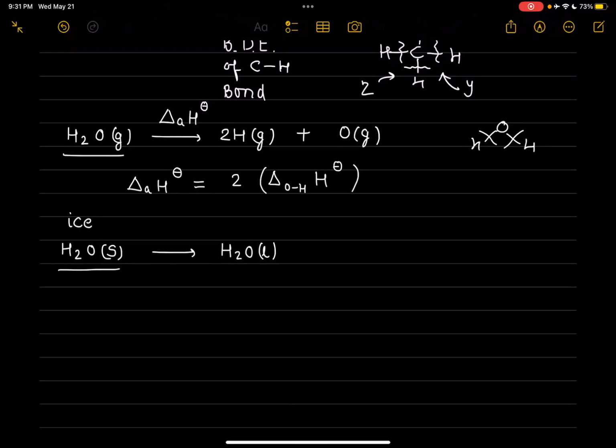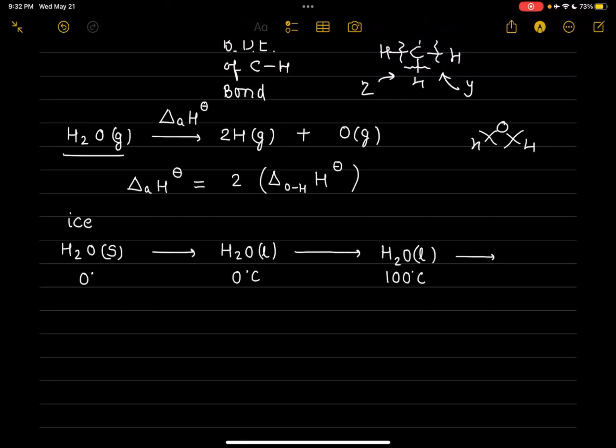If you are heating it first, the solid will get converted to liquid at 0 degree. Ice at 0 degree, now you need to heat the water. They will give the heat capacity, the specific heat, which is per unit mass and per degree rise. So if you are taking 10 grams or 18 grams, you will get the heat. You need to convert it into water at 100 degree.